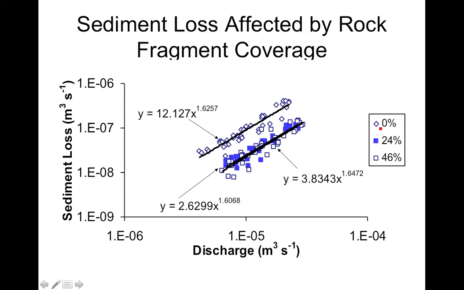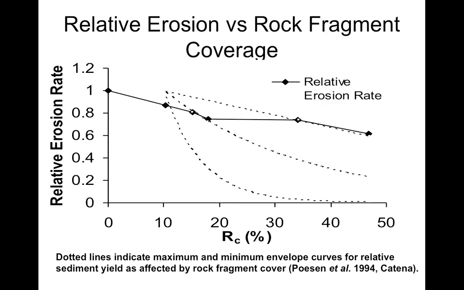So with 0% rock fragments, we have high sediment loss, and then with only a little bit of rock fragments, 24%, it ends up being very similar to 46% rock cover. We get a shift in the relationship downwards in the total amount of sediment lost. And again, Poesen, because he's so prolific with rock fragment cover, rock content and erosion studies.